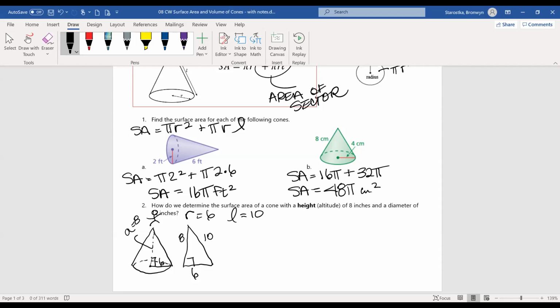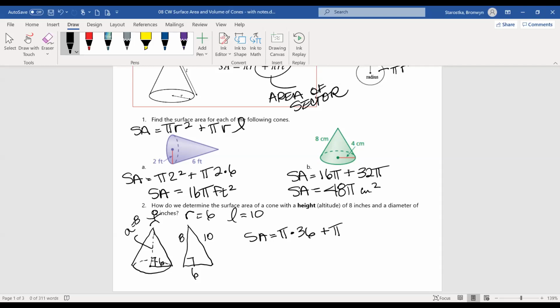So for surface area, the altitude's great because that gives you the height of the cone, but we want the slant height. So here we go. We're going to plug it in. Pi r squared, surface area, pi, radius squared, 6 times 6, 36, plus pi RL, 6. Now is it 6 times 8 or is it 6 times 10?